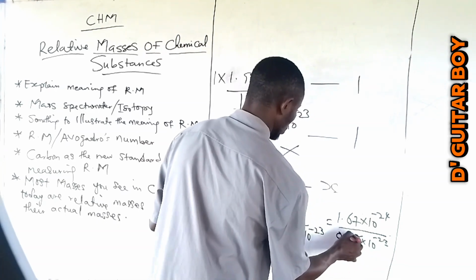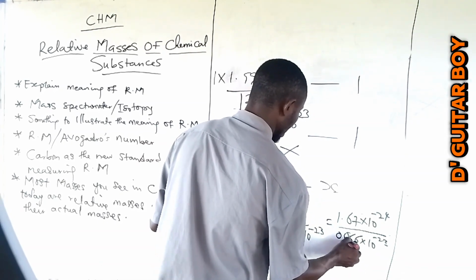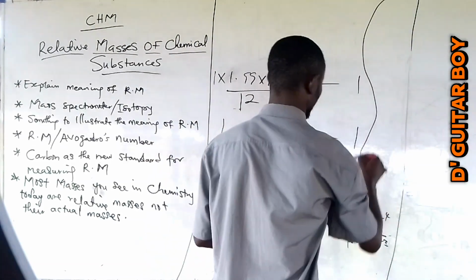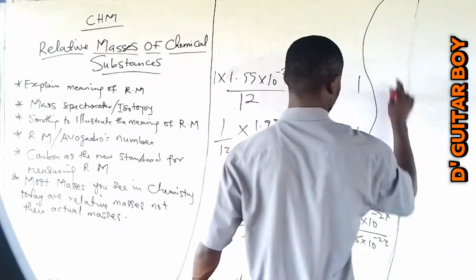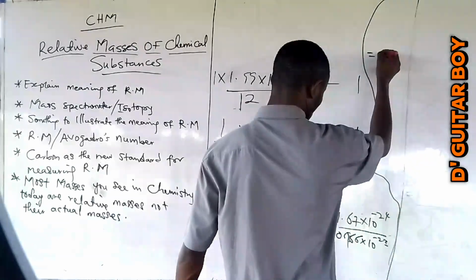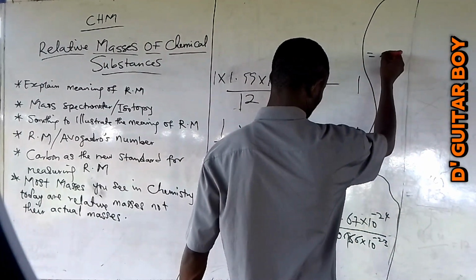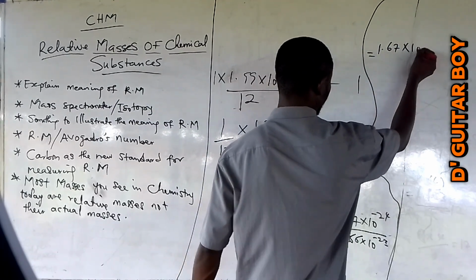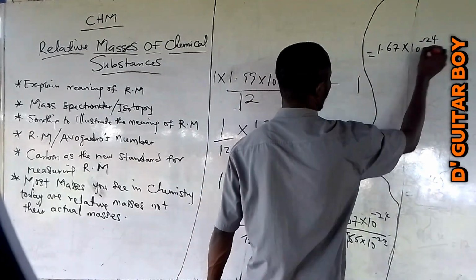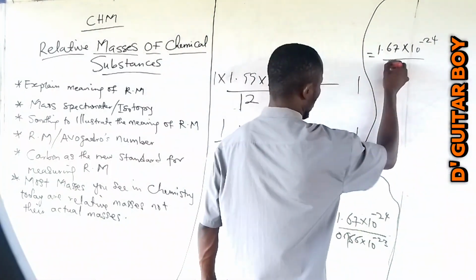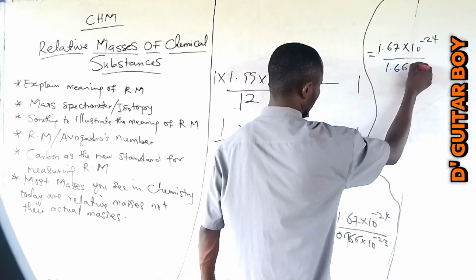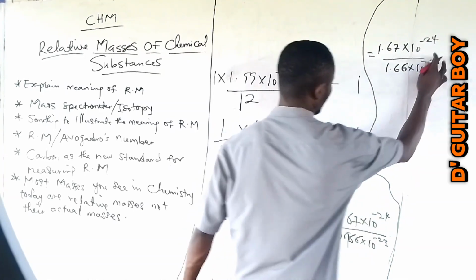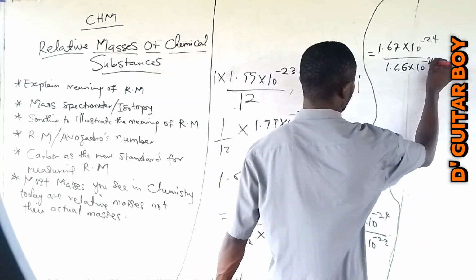If you move the decimal point here, it will be equal to 1.67 times 10 raised to the power minus 24 all over 1.66 times 10 raised to the power minus 24, because you moved the decimal point.